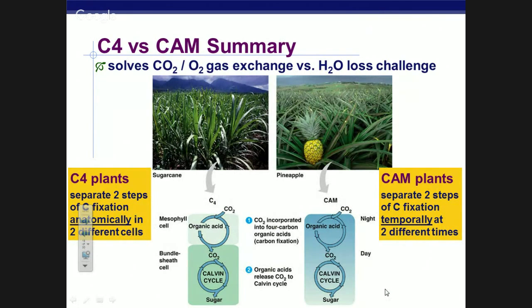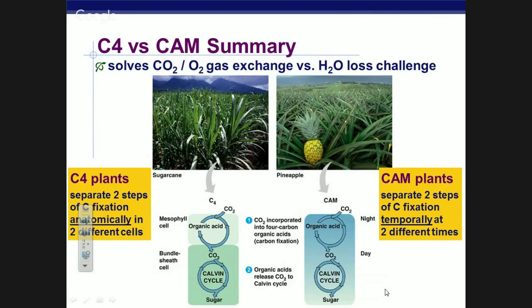What happens is that CAM plants open their stomata at night, okay? CO2 will diffuse in, and they do a similar thing in that they fix it into a 4-carbon organic acid, but they store it in their central vacuole. They store huge quantities of this. They fix it all night long.